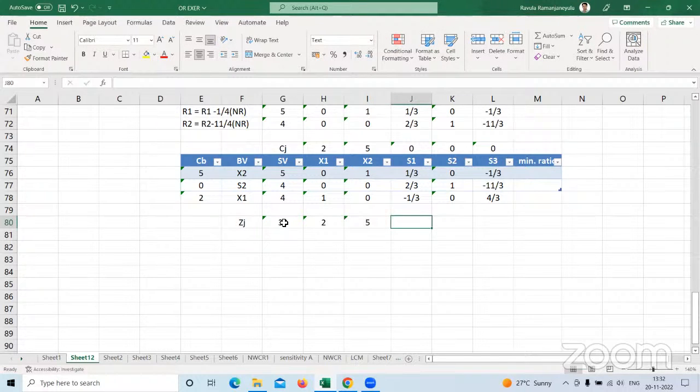This is 5 by 3 minus 2 by 3. 5 minus 2 is 3, 3 by 3 is nothing but 1. 5 into 0, 0 into 1, 2 into 0, this is 0. This is 5 by 3 minus 5 by 3 plus 1. 8 by 3 minus 5 by 3. 3 by 3 is nothing but again 1.